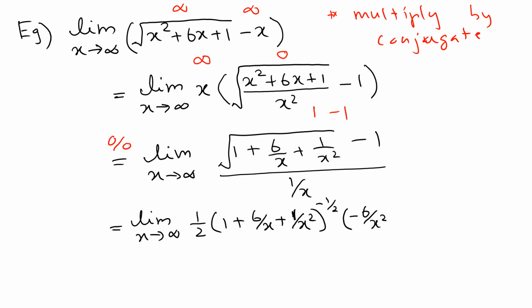And then the other one is negative 1 over x cube, again by the power rule. You know that you can write 1 over x squared as x to the negative 2.